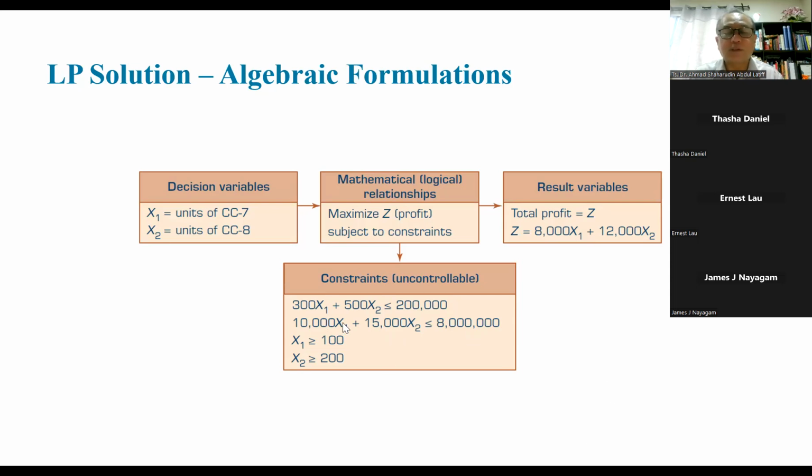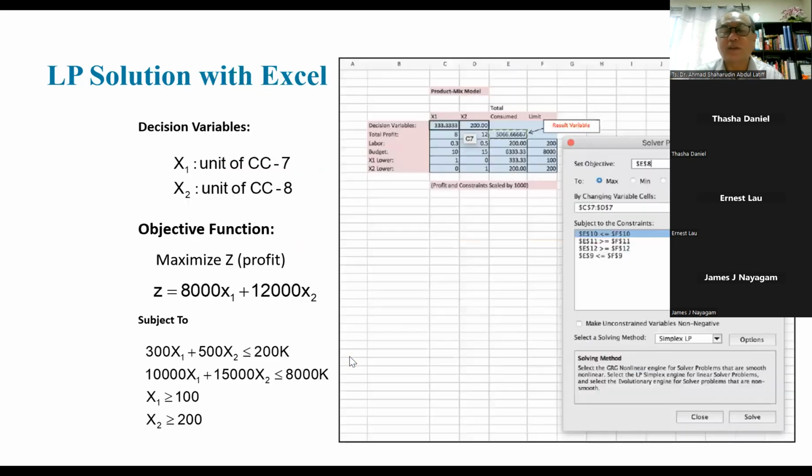So 10,000 X1 plus 15,000 X2 is less than or equal to 8,000. You can produce X1 more than 100, you can produce X2 more than 200.